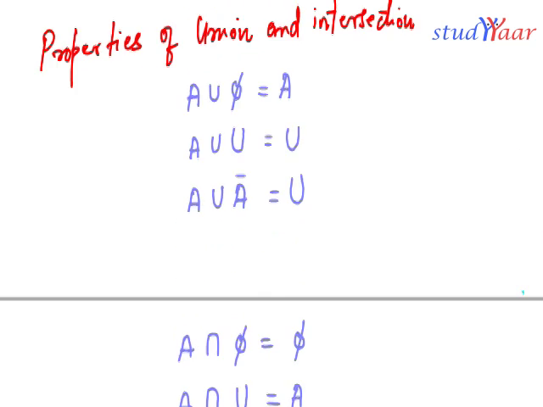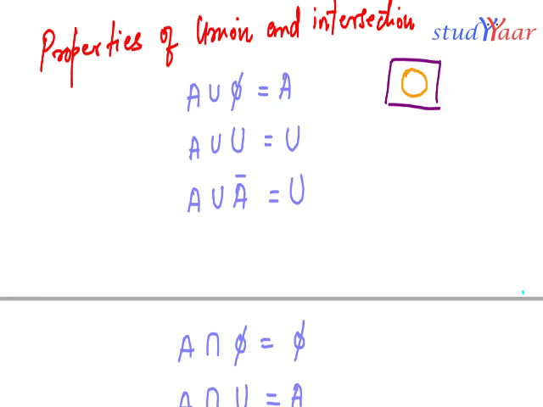How do you know these are true? You can just create a Venn diagram and check for yourself. For this, let us try to create a Venn diagram. This is my universal set, and I have an A over here. Now I am looking at A union an empty set.